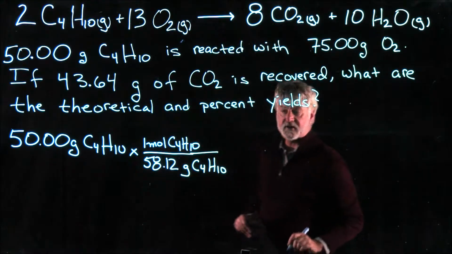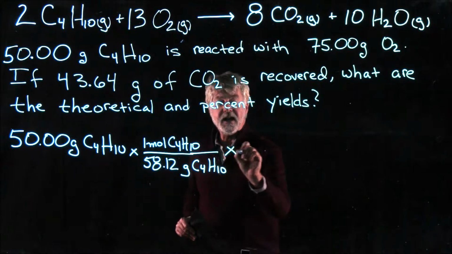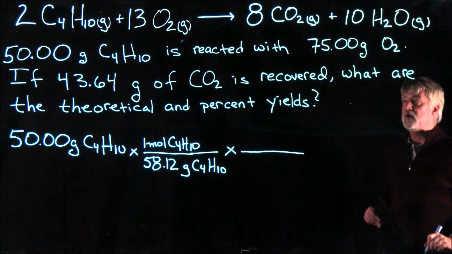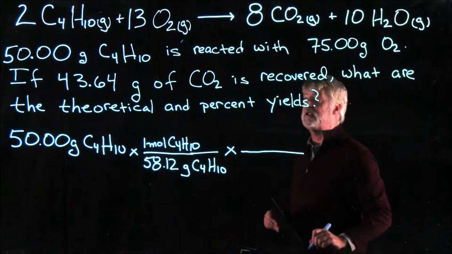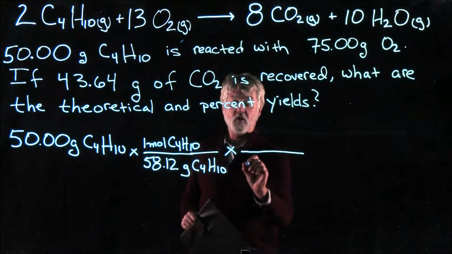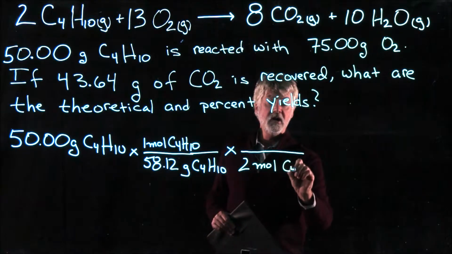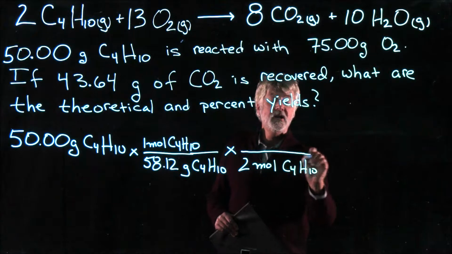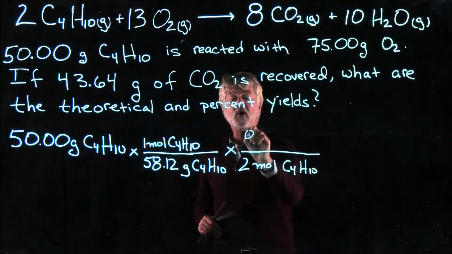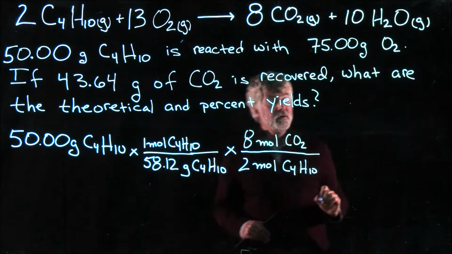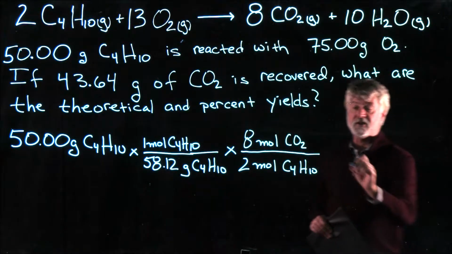That step would get us to moles, and now we have to use the coefficients in our balanced equation to relate moles of butane to moles of CO2. We can see from the balanced equation that it takes 2 moles of C4H10 to create 8 moles of CO2. That's directly from the balanced equation.